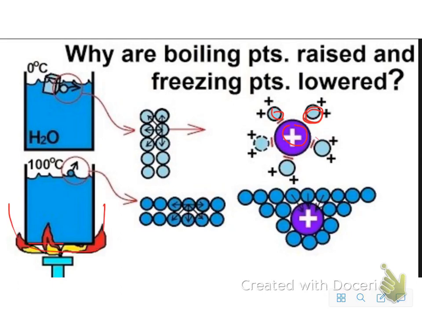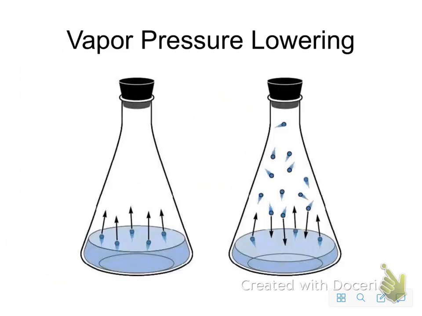If I were boiling water and I have particles pulling on that water, it's going to be harder for them to escape. If I have something that's frozen and I heat it up, it is going to be easier for those water particles to separate and to melt than it will be if the particles of water are attached to the solute.